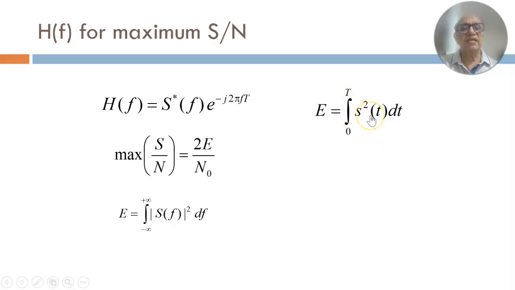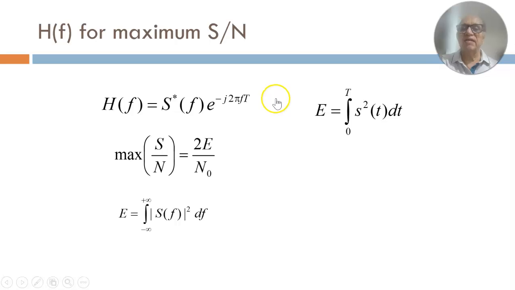So remember, S squared(t) is the normalized power. You integrate from 0 to T and you will get the total energy of the signal over the bit time period. So if this is known, the maximum S by N is given by 2E by N0. Alright. So that is the frequency domain expression for the matched filter.